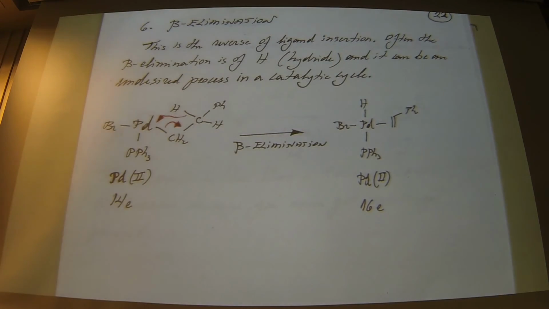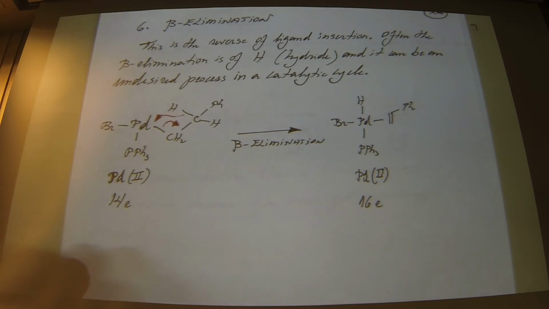And often the beta elimination of hydrogen, hydride, can be an undesired process in a catalytic cycle, right? So anytime you have a carbon atom that's got a hydrogen, then this beta hydride elimination will take place, and you're screwed if you want something else to happen.